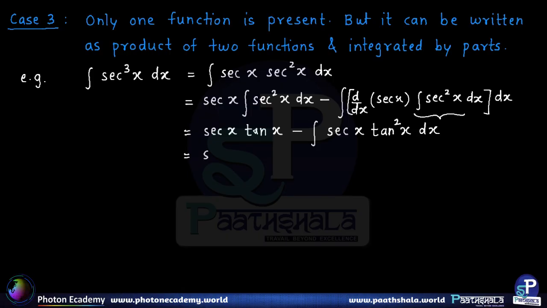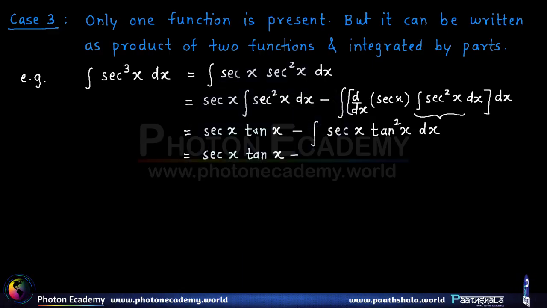Now moving ahead, we have first term as it is, that is sec x tan x minus, now see, to integrate sec x into tan square x, what we do is we can write tan square x as nothing but sec square x minus 1, isn't it, dx.